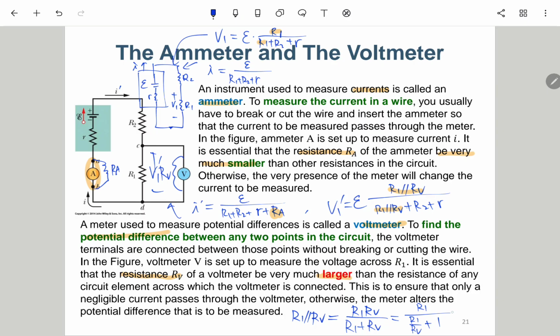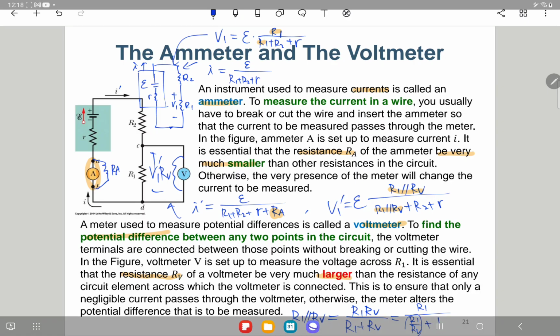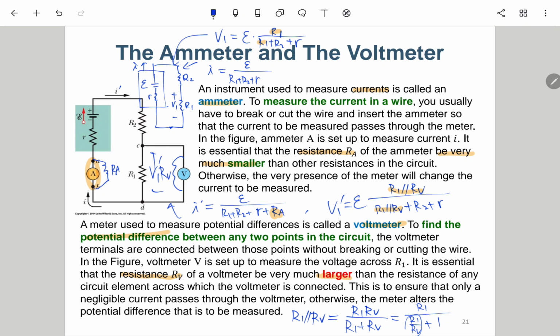So if RV is very large, the first term, R1 over RV, goes to 0. Then it will be approximately R1.